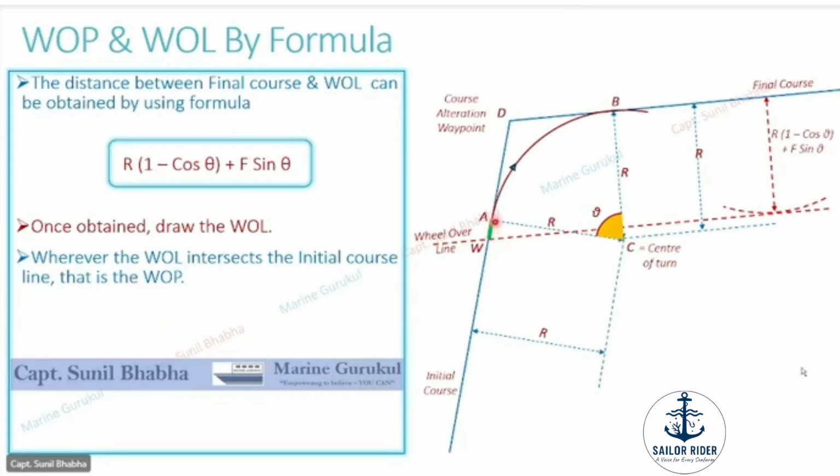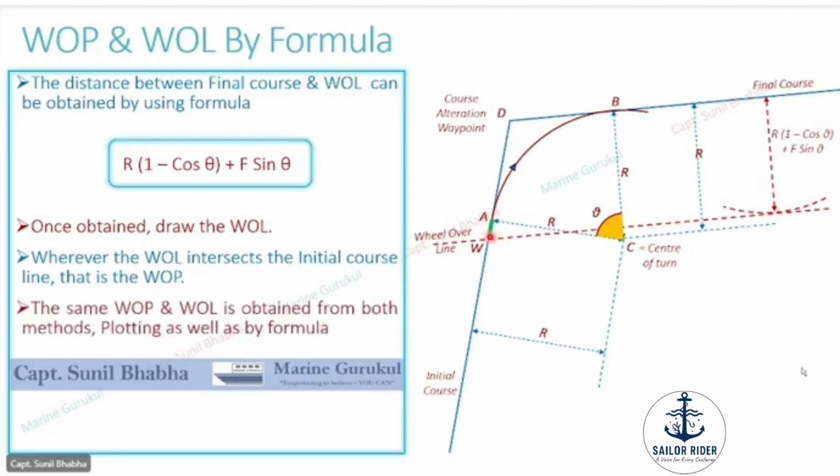In case you measure this distance, and you mark the curved path also, and measure this distance alpha to whiskey, you will find that it is exactly the same as the reaction distance of the ship used in this formula.